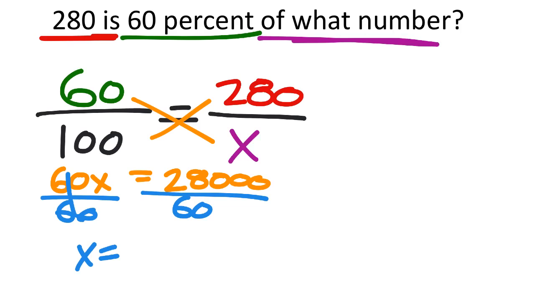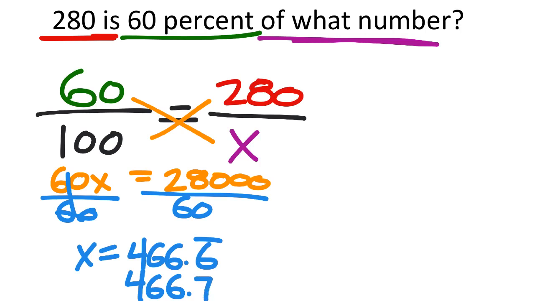This one's kind of big though, so I'll use my calculator. 28,000 divided by 60. This one gives me a decimal value. That's okay. It shows 466.6 repeating. I'll just round this though, okay? We'll make it 466.7, rounded to the nearest tenth.